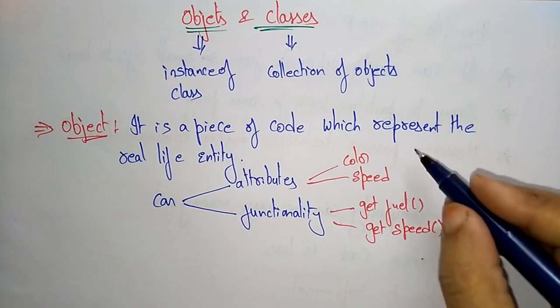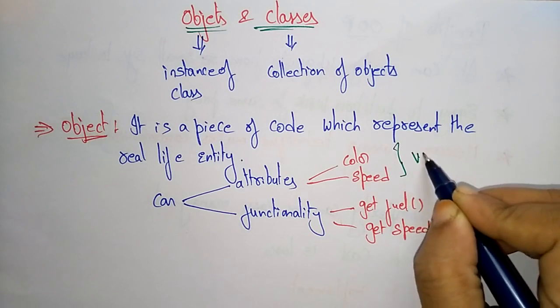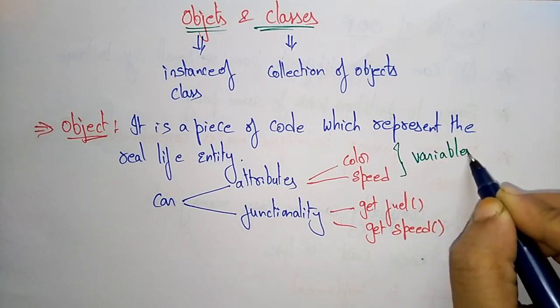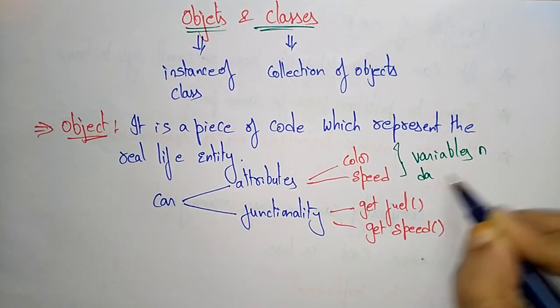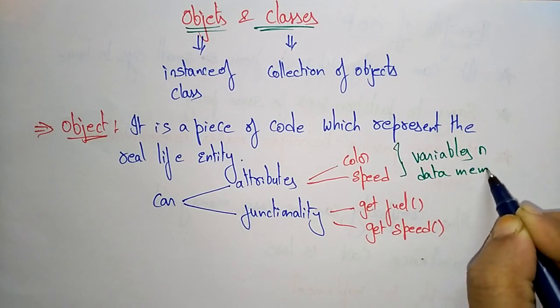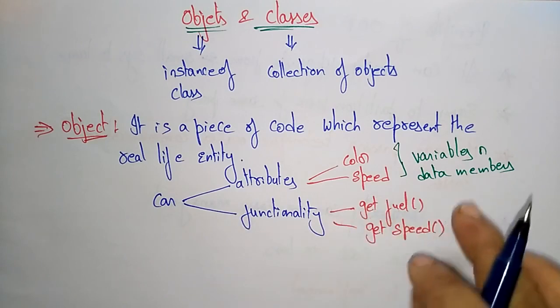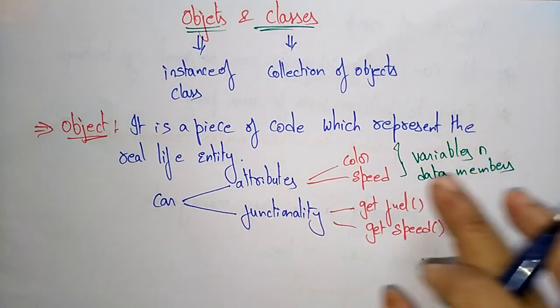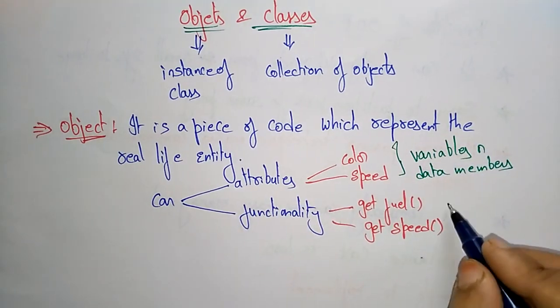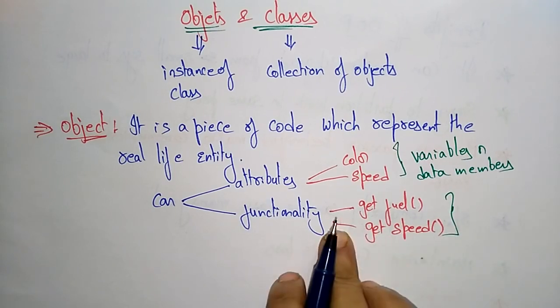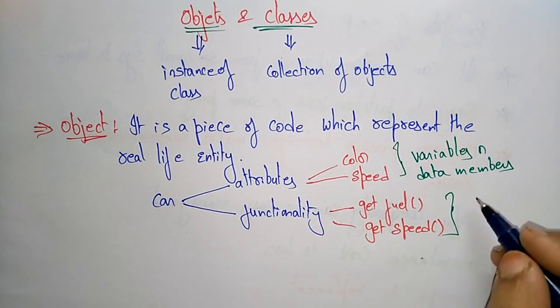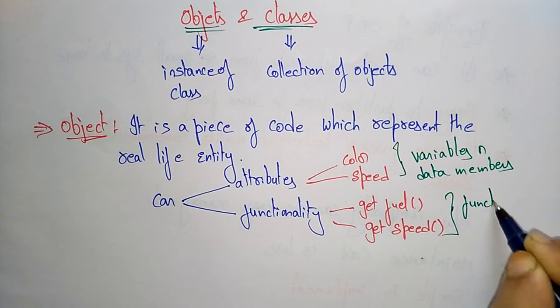The color and speed you call variables or data members. So the color and the speed of a car are variables and data members. Whereas the functionality get fuel and get speed you call functions or methods.